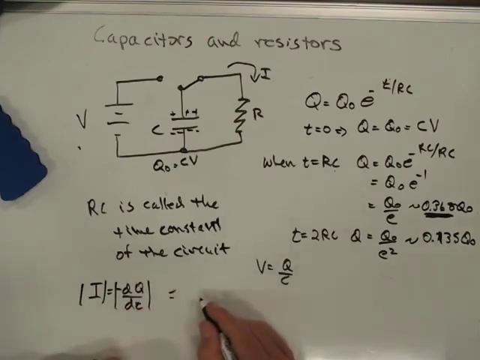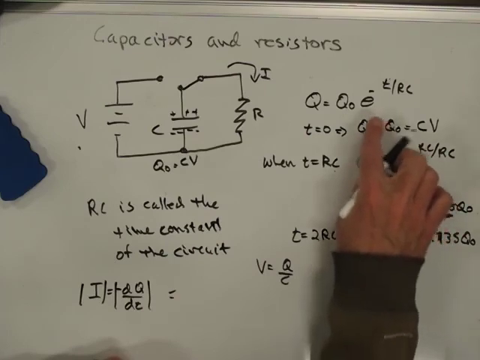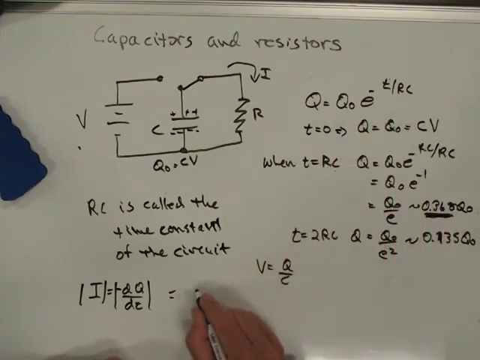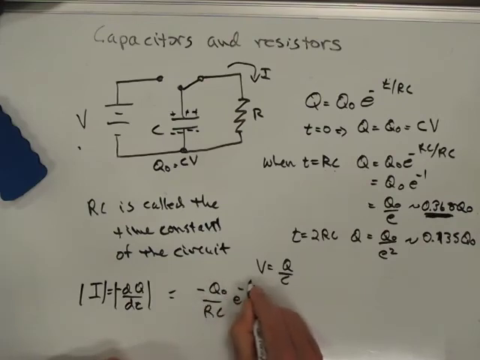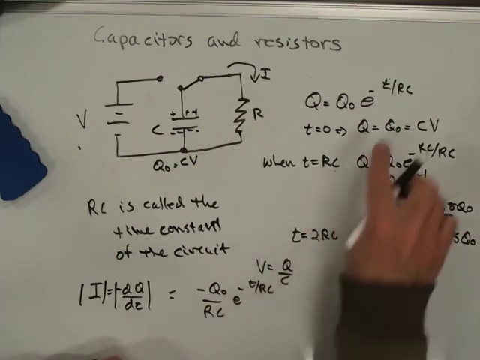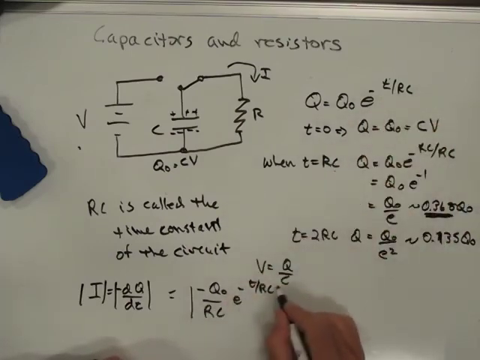And so that's equal to the time derivative of this guy, which is minus Q naught over RC e to the minus t over RC, or the magnitude of that.